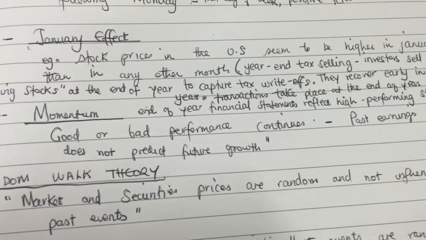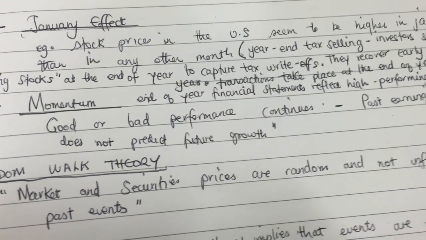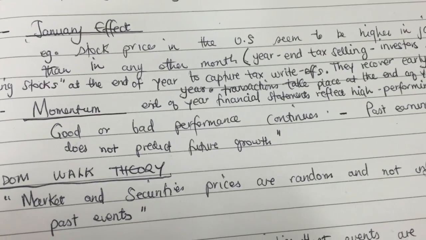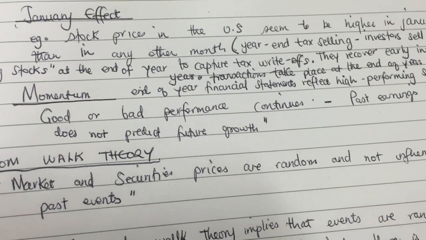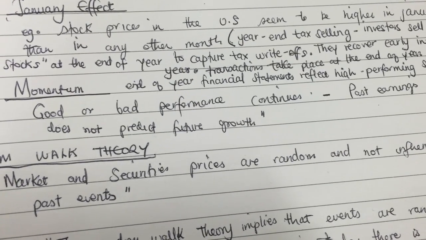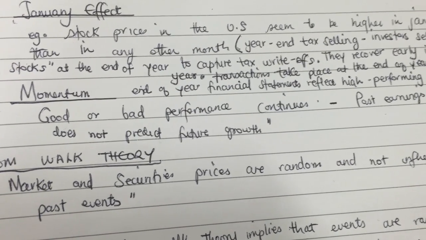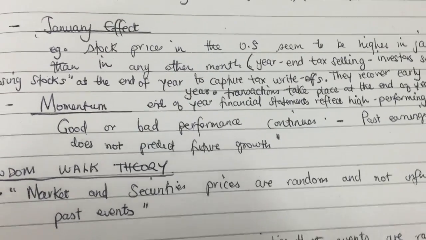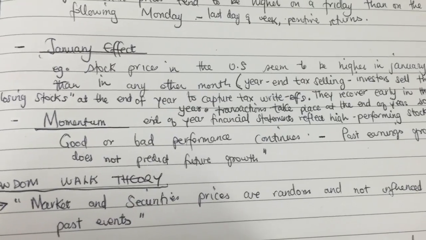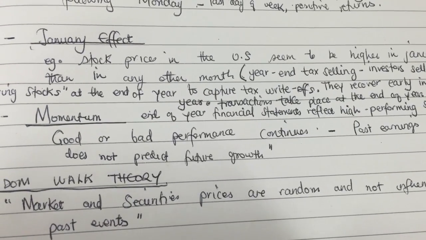So you can't say that because Apple was doing really well 2 years ago, in the next 2 years they're going to do really well, because it's unpredictable. The market changes all the time. So that is what the random walk theory is. And she normally asks questions on this.